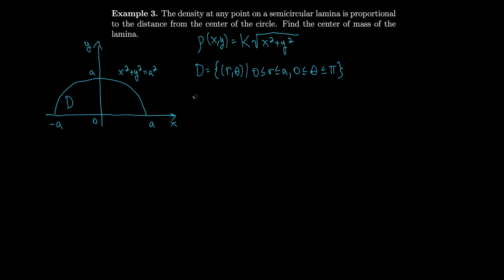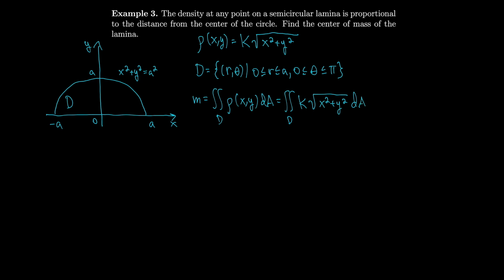And this means that our total mass is the double integral over D of rho of xy dA. So that's equal to the double integral over D of our constant k times the square root of x squared plus y squared for rho, dA.